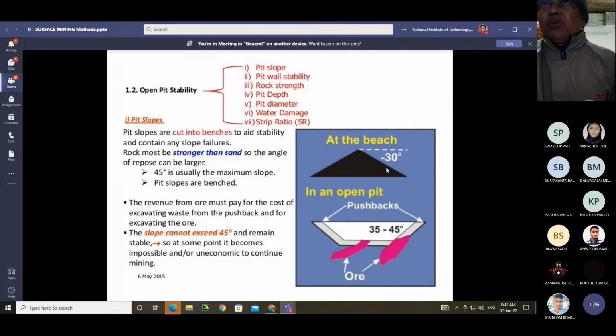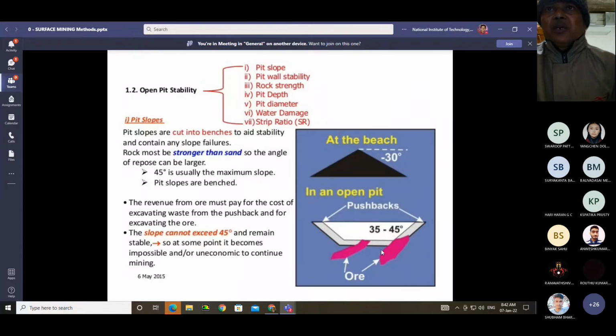Angle of repose of the material means any material you drop has some angle at which it will take a shape like this. So it is called the angle of repose of the material. Coal has a different angle of repose. Iron ore has a different angle of repose.